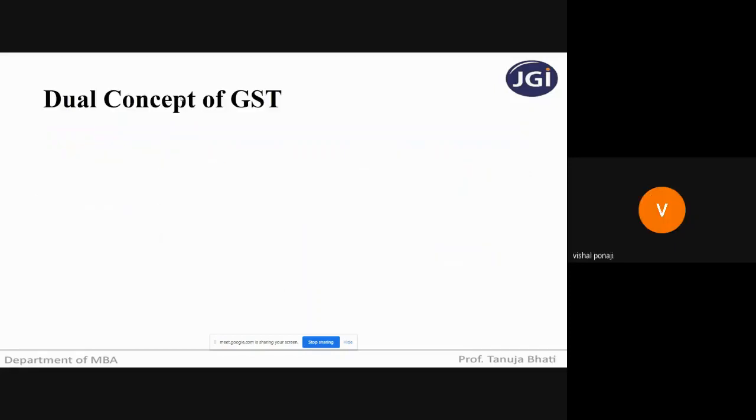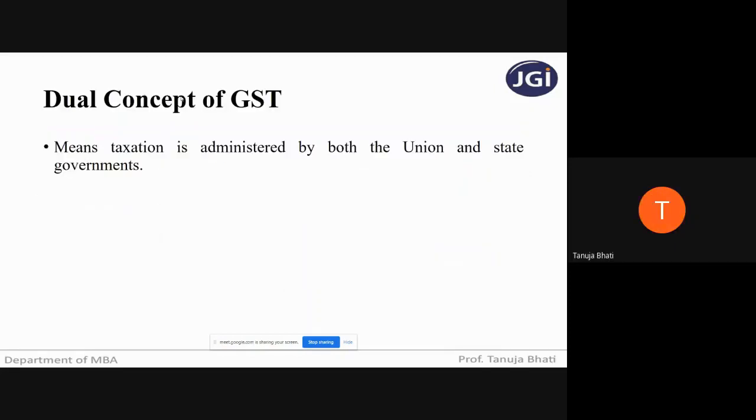Next, the last part which we are going to see in today's lecture is the dual concept of GST. Now, why is GST being called a dual concept? Because under GST, both the union as well as the state government are administrating the GST.